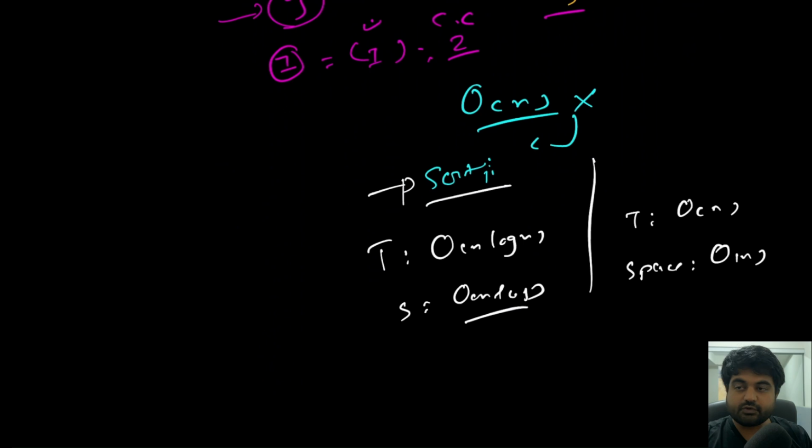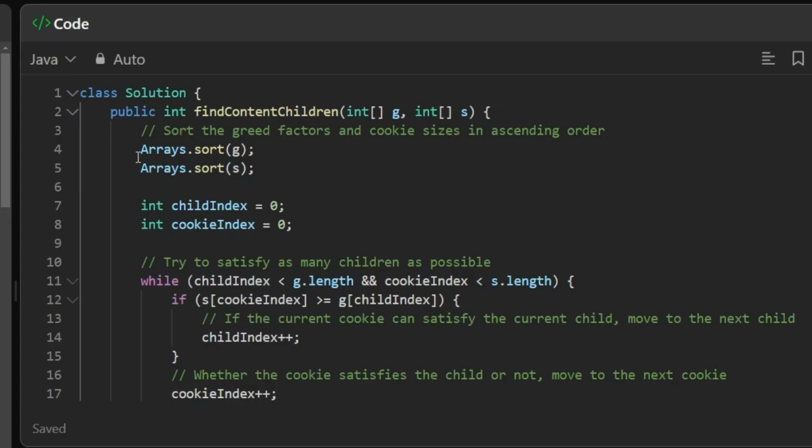Currently I'm only going to show you the coding for the sorting approach. The coding solution is quite straightforward. First, we are going to use the inbuilt method to sort both the kids array and the sizes array. Then we are going to have two variables to store the value of the current child index that we are iterating over and the current cookie index that we are iterating over.